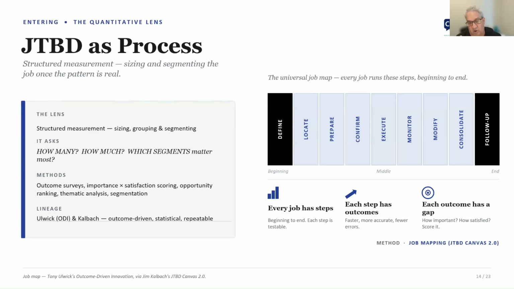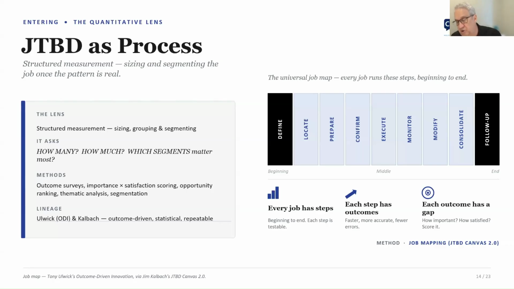And so here's where we start this transition into what I would call more studying jobs to be done as a process and being more measurement and quantitative in relation to these questions, more how many, how much with segments and so forth. And so part of the activity of jobs to be done as a process is to be able to map and define all of these core functional jobs.